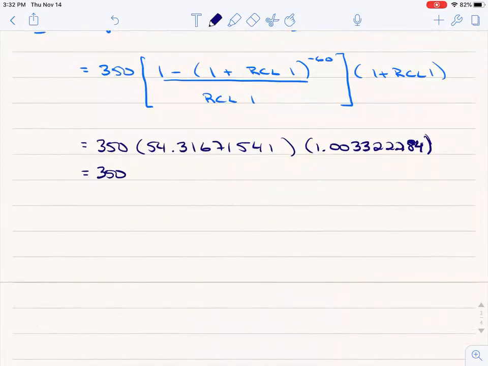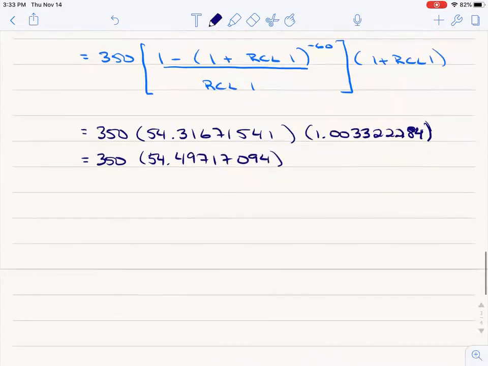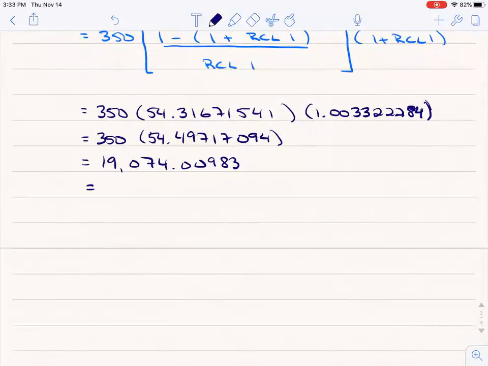So this would be 350 times 54.49717094, and then times 350. Finally, we get 19,074.00983. But the value of the car is in money, so we know we have to round to 2 decimal places.